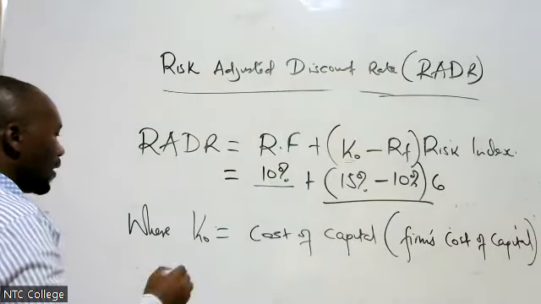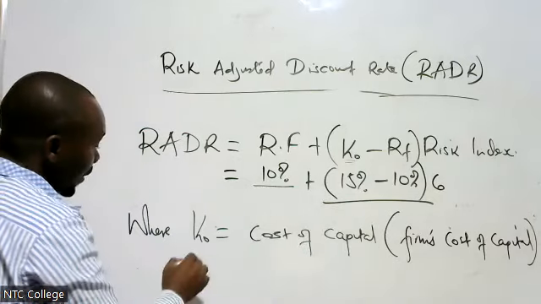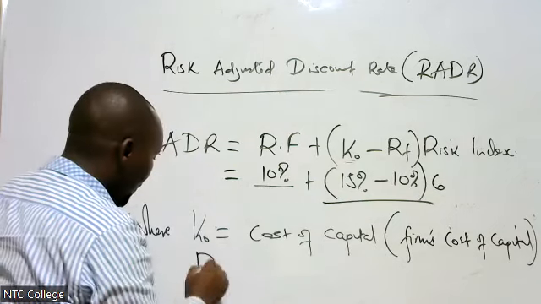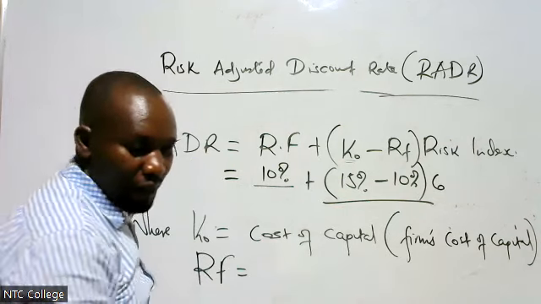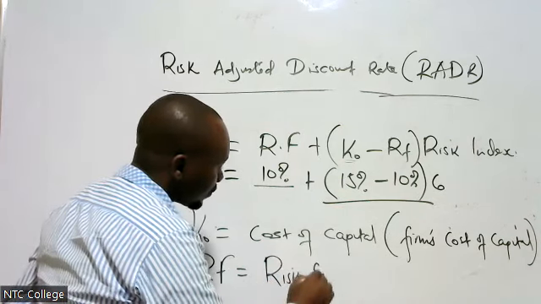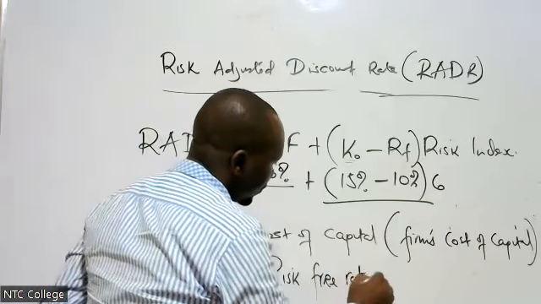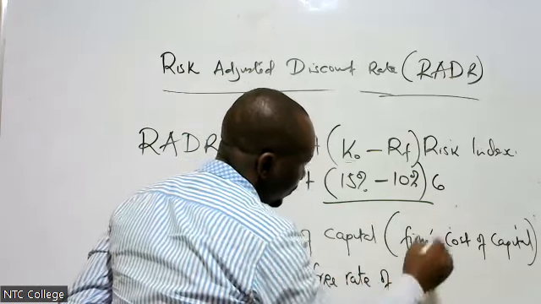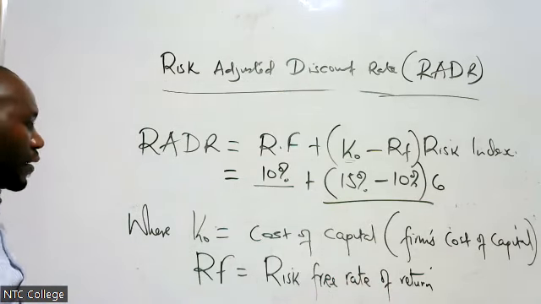That is the normal cost of capital without adjustments. Then we have RF, referring to the risk-free rate of return.